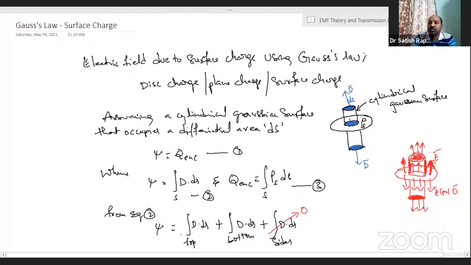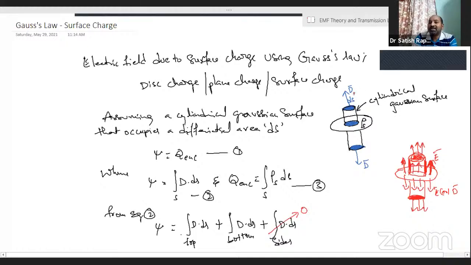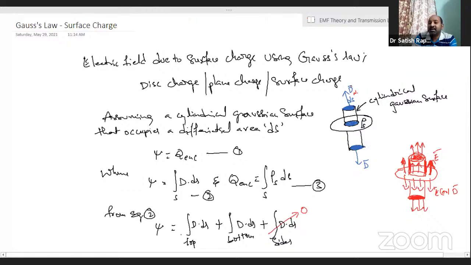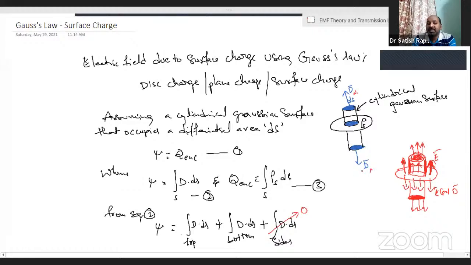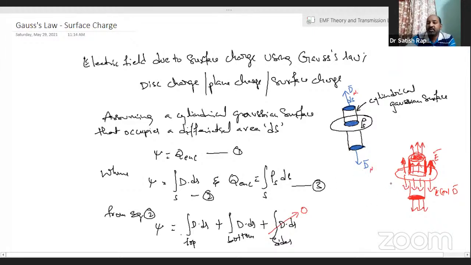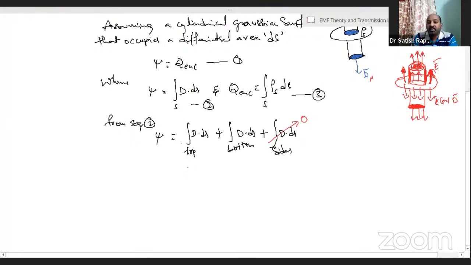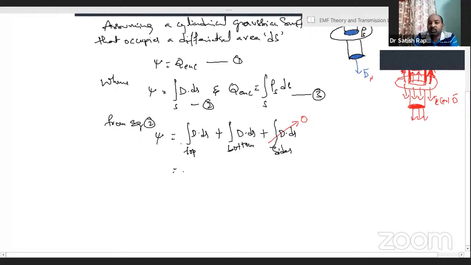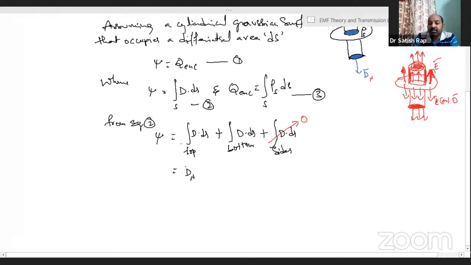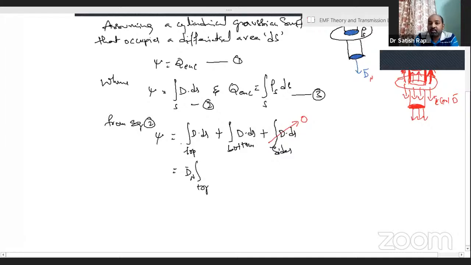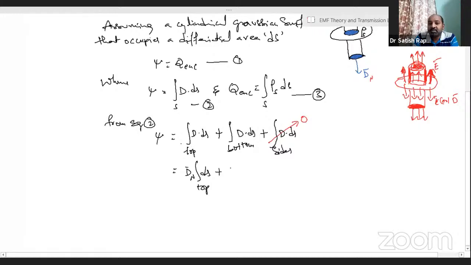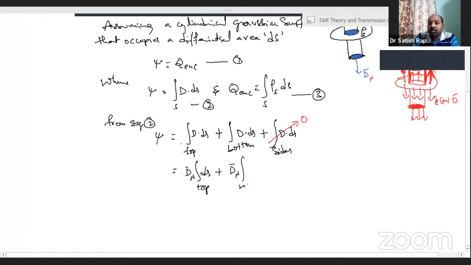Let us say on top this one is dn, normal to the surface, and this is also dn normal to the surface. As we know that the field is uniform, this is equal to dn bar over the top dS plus dn bar over the bottom dS.